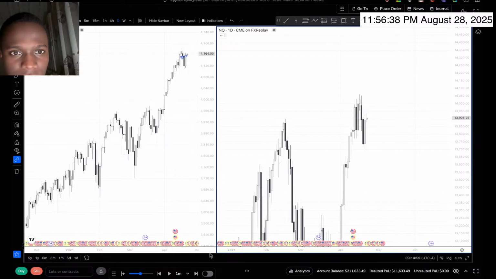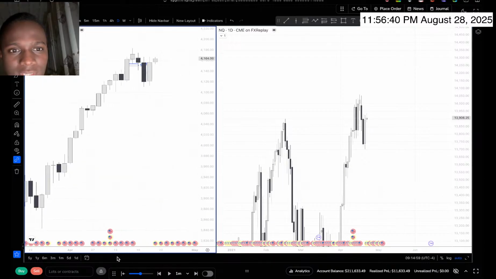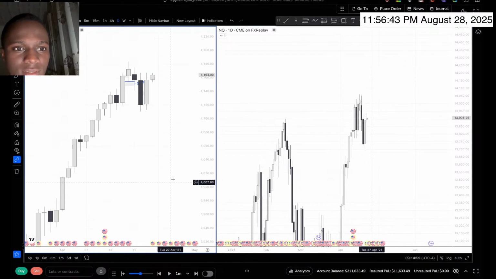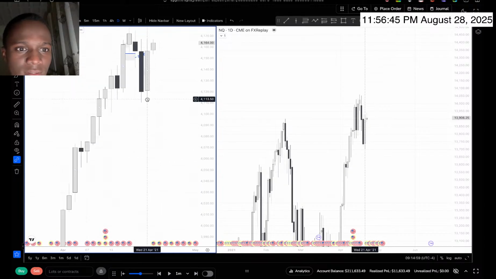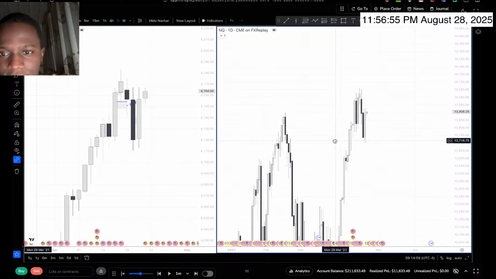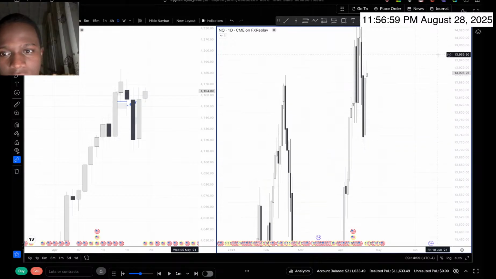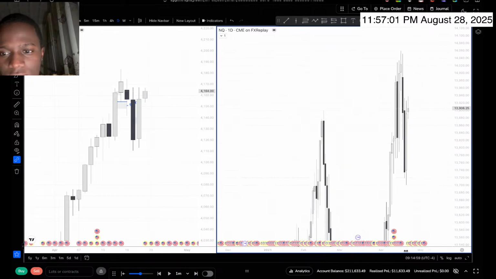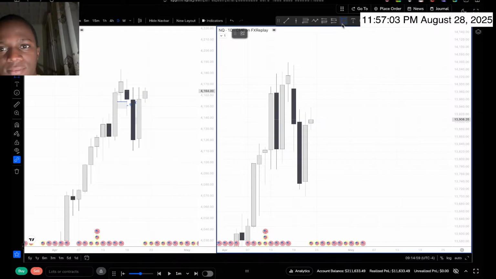So what can we see from the daily? First off, we take out this low here. It's a daily low. And then reversed. Okay, you can see the games it's trying to play.